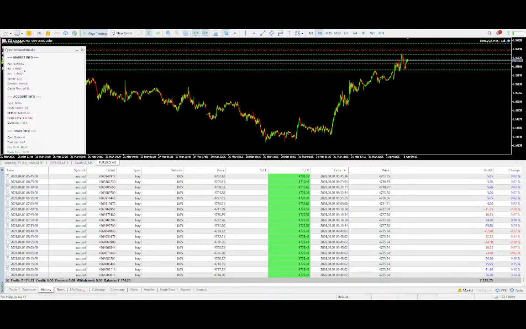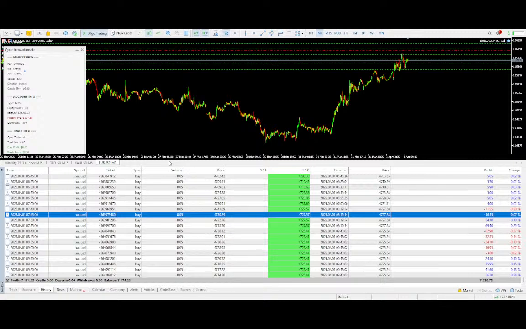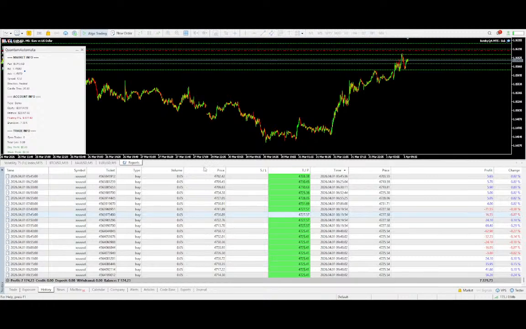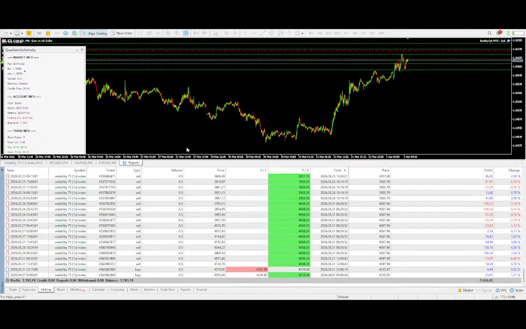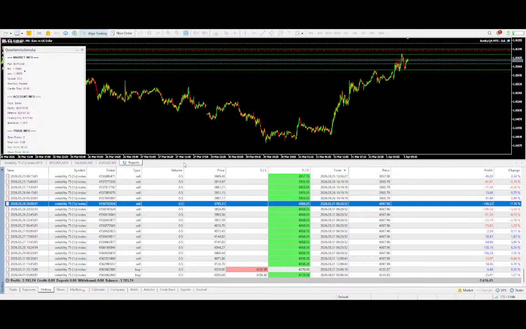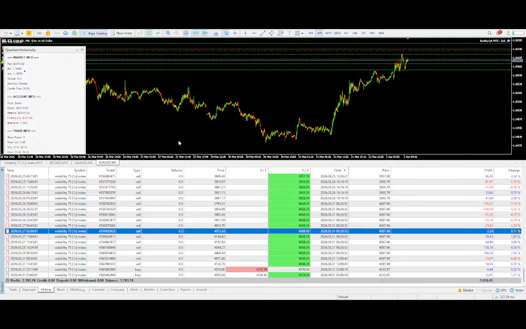If we look at the report overview, let's change it to this symbol. A moment, guys. I want to sort it by symbol so we can see how XAUUSD performed.